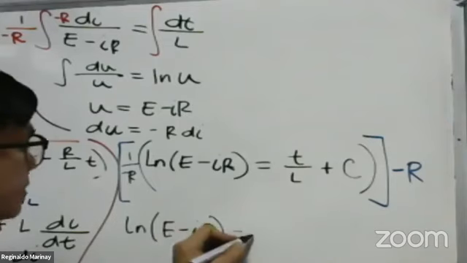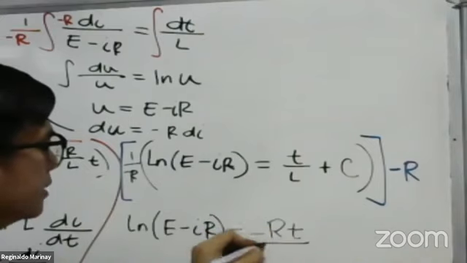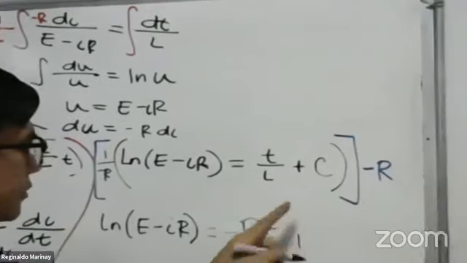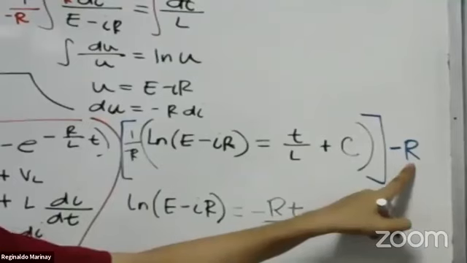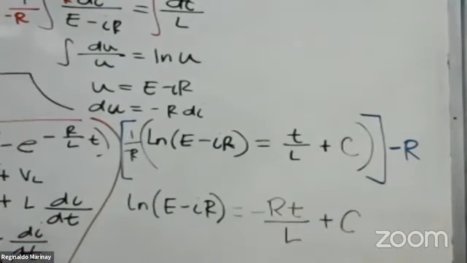This will become negative RT over L. This is a constant. Assume any number here, but this is still a constant.